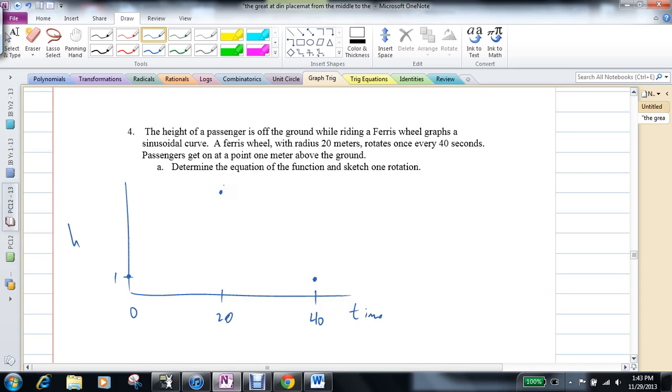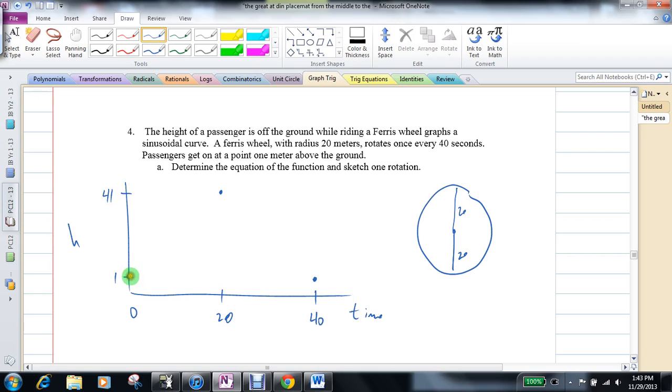How high will I be at that point? Keeping in mind that this is a Ferris wheel that has a radius of 20 meters, so the highest point above the ground will not just be 20, but it'll be 20 plus another 20, plus the 1 that I'm sitting above the ground in the first place. So my maximum height should be 41.